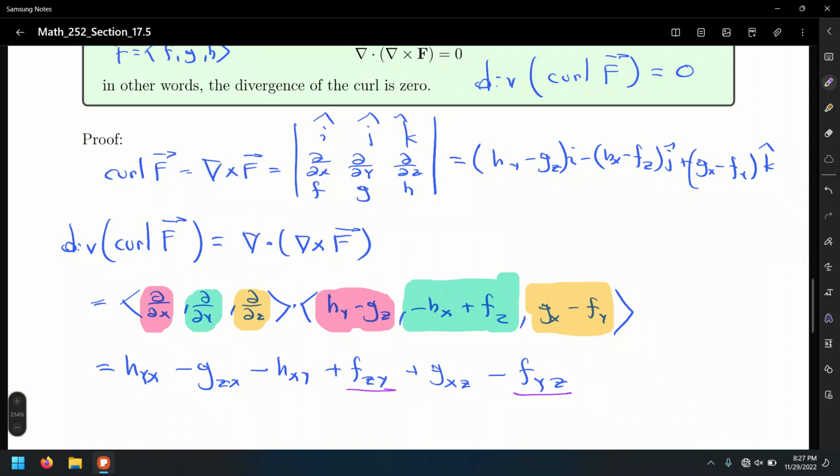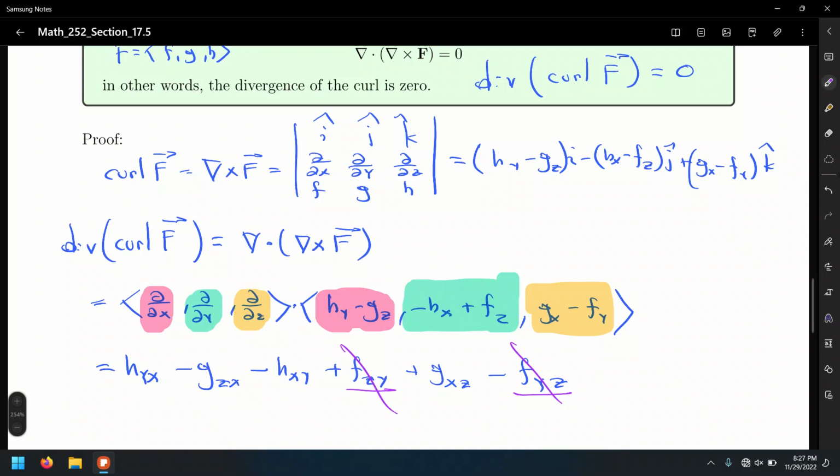Do you guys remember a pretty cool result of the mixed partial derivatives? Isn't the second partial in the reverse order the same? In other words, aren't these two really the same? Because of the mixed partials, we can already cancel this out.